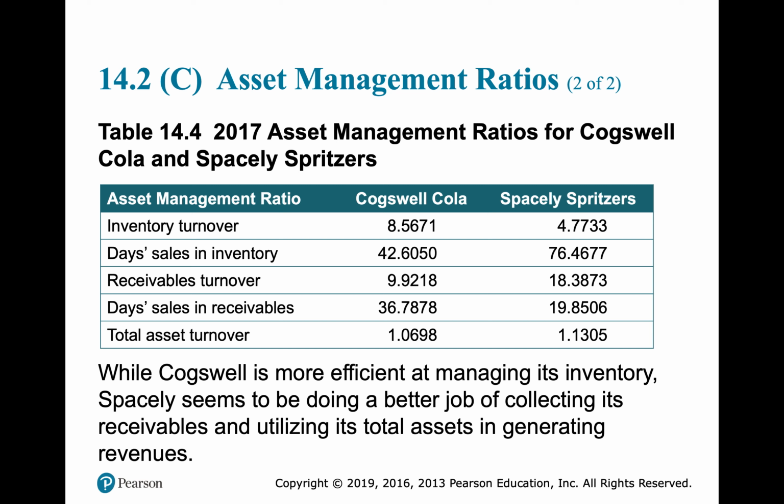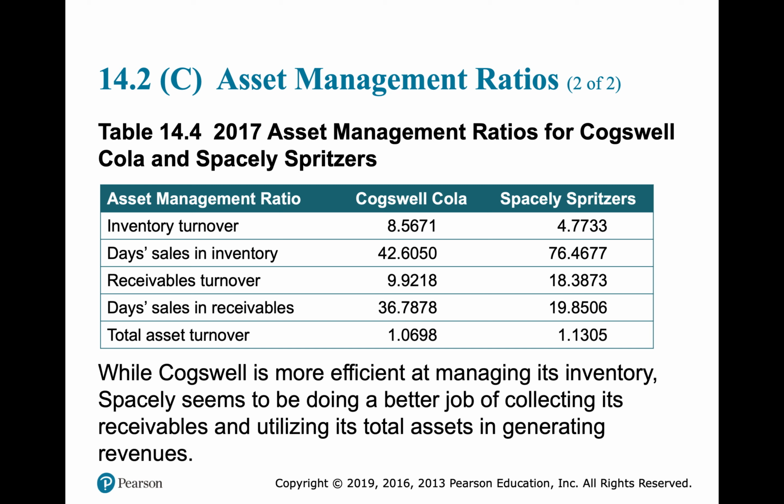So what we see here is that Cogswell is actually turning over its inventory twice as often as Spacely, which means that it's probably having twice as many sales, which we would expect, right? They're the bigger company. But we're also seeing that its inventory is turning over every 42 days as compared to Spacely. So from an asset management standpoint, that means that Cogswell is actually outperforming Spacely.